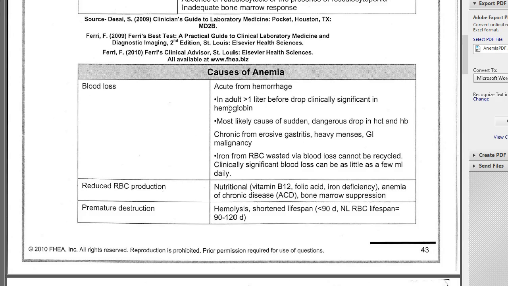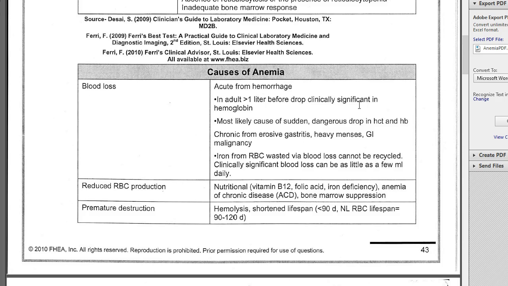So that's acute blood loss. Again, usually uncommon in the primary care setting. Like I said, it is, however, a very common cause of sudden dangerous drop in hemoglobin and hematocrit. It can usually be ruled in or out by health history and or physical examination.